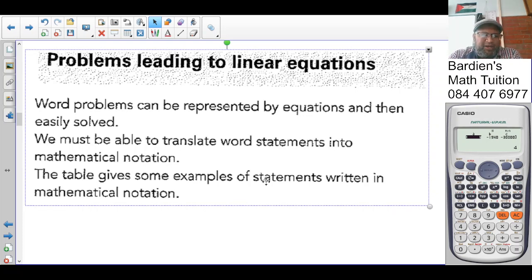Then we are told we must be able to translate word statements into mathematical notation. That is your equation basically. The table gives some examples of statements written in mathematical notation.